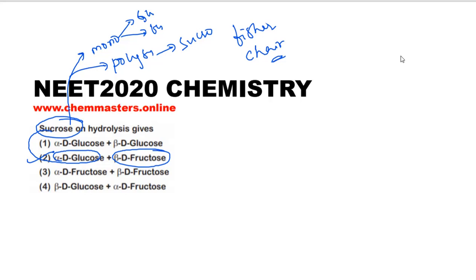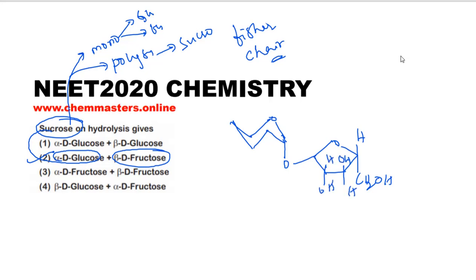Now try to draw the structure of sucrose, and how alpha D glucose and beta D fructose are produced from the hydrolysis of sucrose. If you practice many times, you can draw just like me with ease.